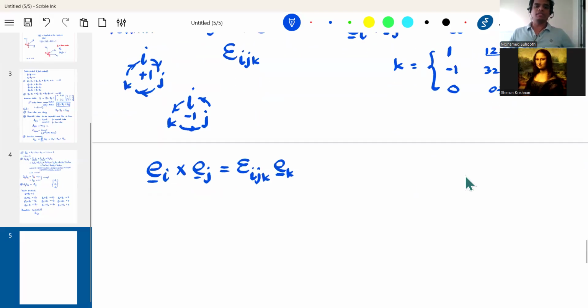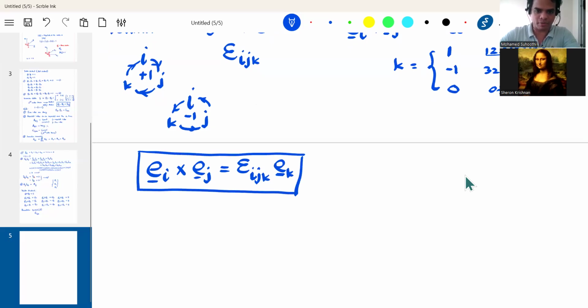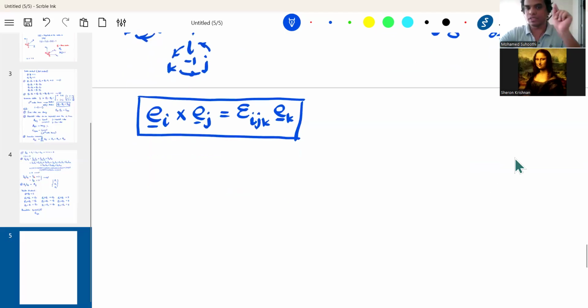This is the index notation of the cross product, that means the vector product. Here are two things you must remember: this is the index notation of the cross product, and for the dot product, EI dot with EJ, we already discussed, it is delta IJ.